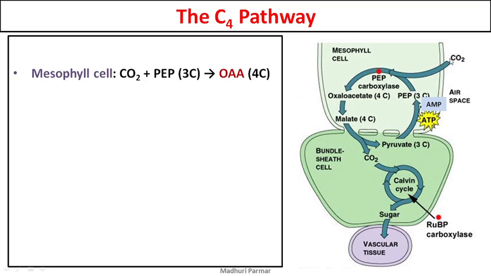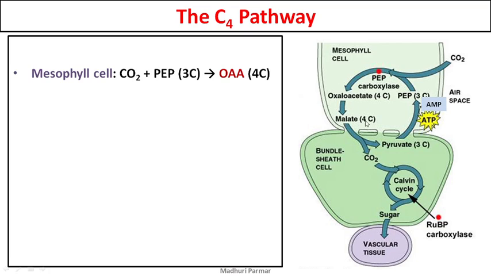Carbon dioxide will enter the mesophyll cell, and inside the mesophyll cell there is presence of pepcase or PEP carboxylase. This PEP carboxylase will convert carbon dioxide and PEP into 4 carbon compound oxaloacetate. Oxaloacetate will get converted into another organic acid called malate or malic acid.